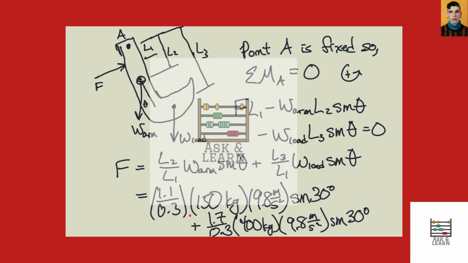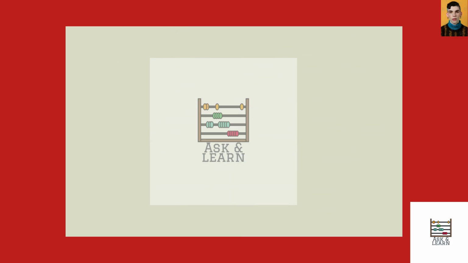The weight of the arm is its mass times gravity, and then the sine of the angle that the arm is acting relative to the vertical is 30 degrees. And so we have L3 over L1 times the weight of the payload, which is 400 kilograms times g, and then again the sine of 30 degrees. Now if we plug everything in, we wind up with a force of 13.8 kilonewtons.